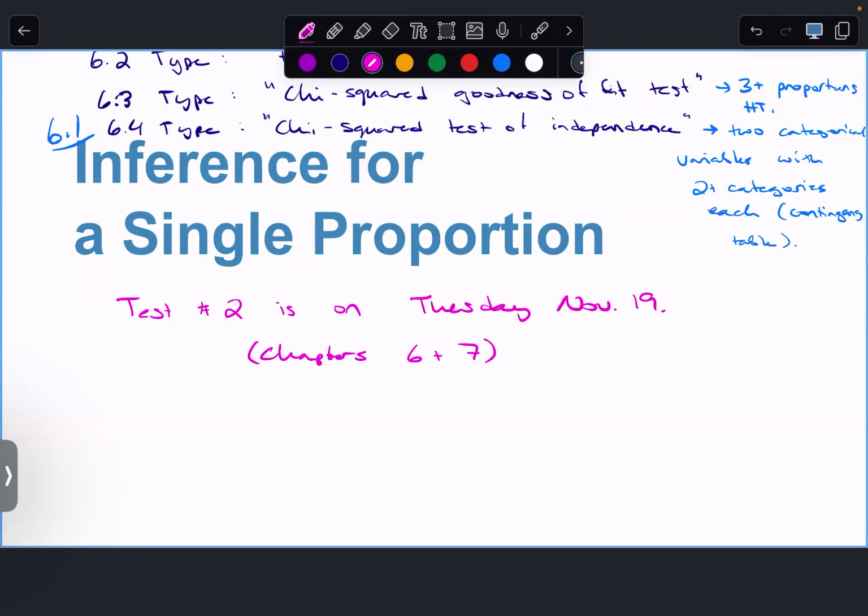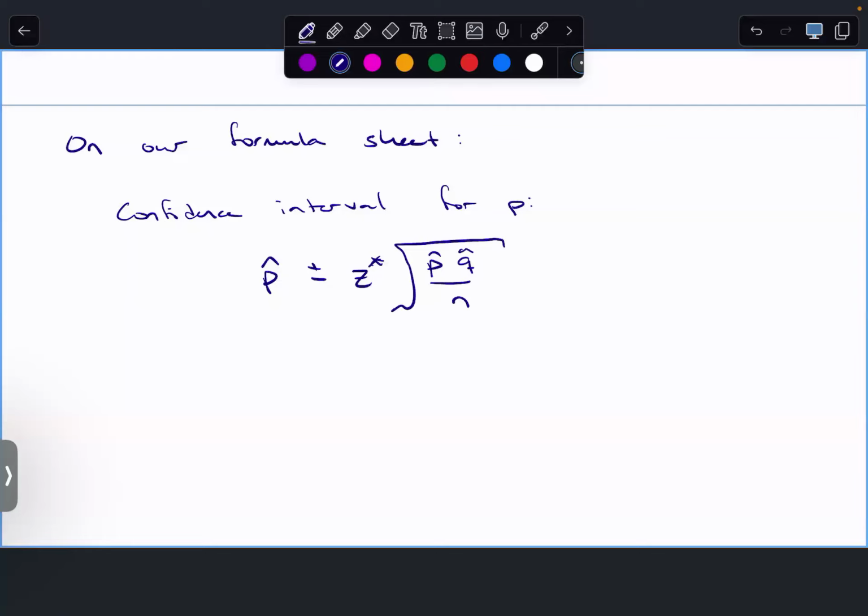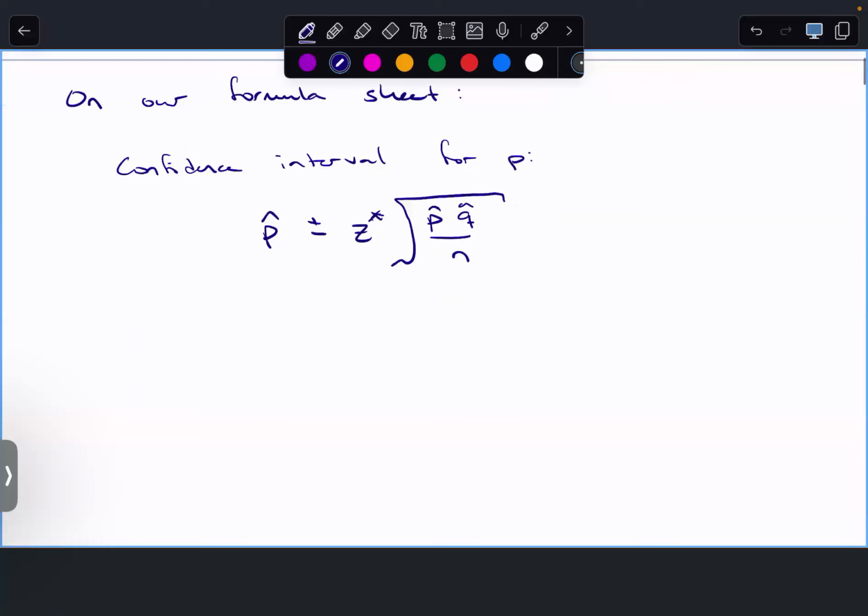We've worked with the confidence interval, although it's been a while, so we've got an example of that today. But then we also have the hypothesis test for P.